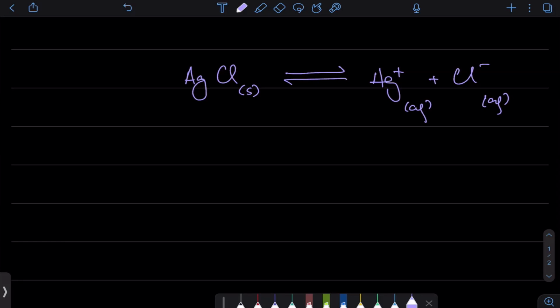At the same time, some ions are also going to come back, and we say that they will recrystallize. These ions will be on the surface of the silver chloride, whatever particles or granules you have added, and they will come back to that and recrystallize, especially in what we call a saturated solution. A saturated solution is one which has dissolved the maximum amount of salt that it can dissolve at that temperature.